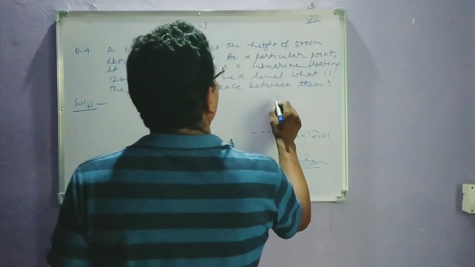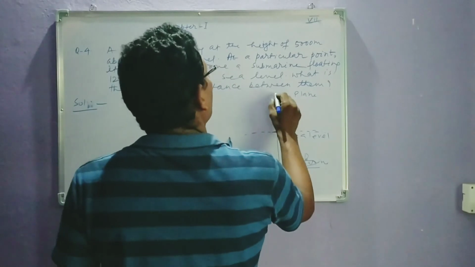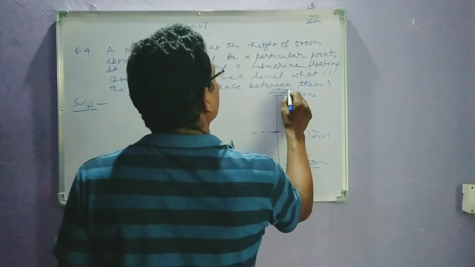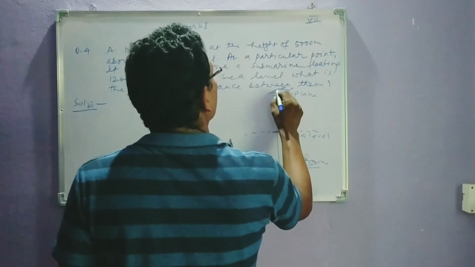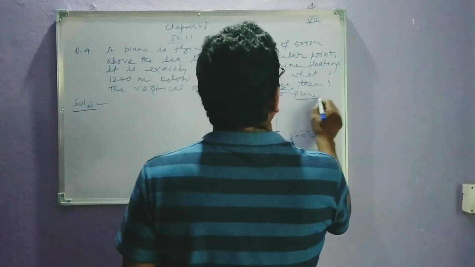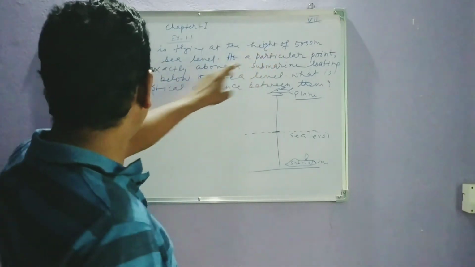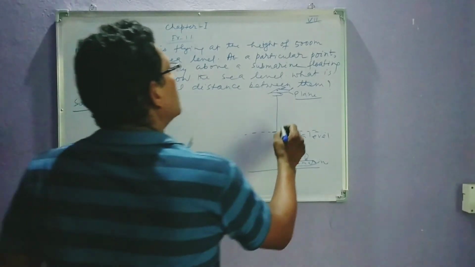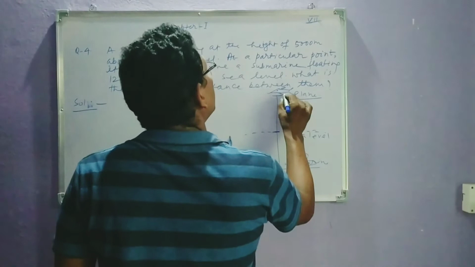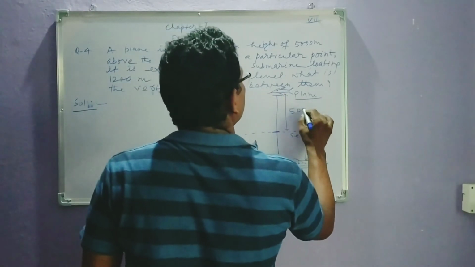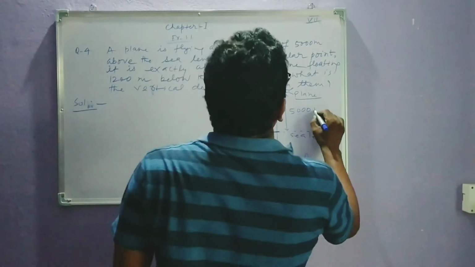Here is the plane. A plane is flying at a height of 5,000 meters above the sea level. So the distance between the sea level and this plane is 5,000 meters.